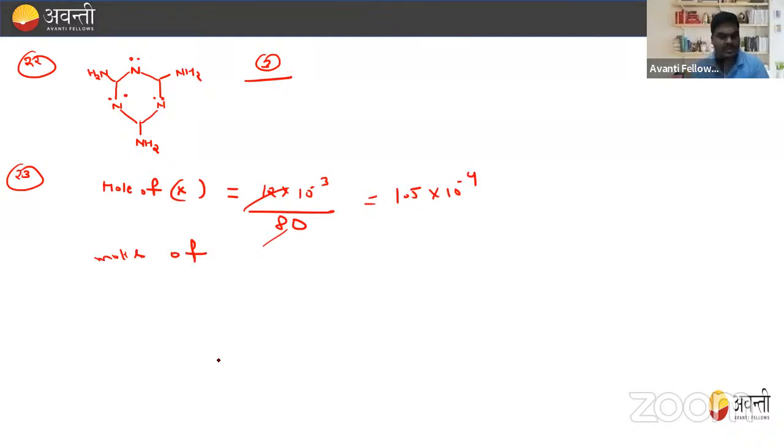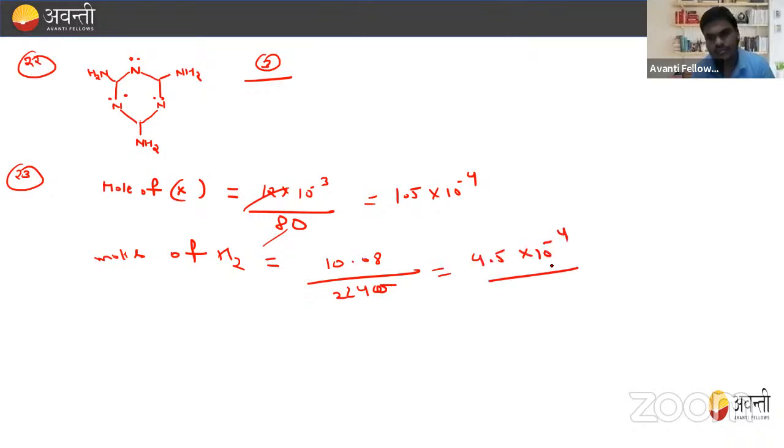In a similar way, the moles of H2 is 1.08 divided by 22,400.